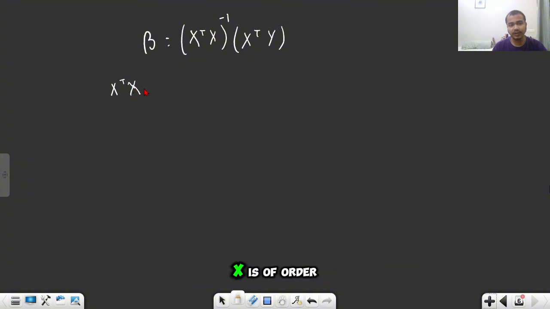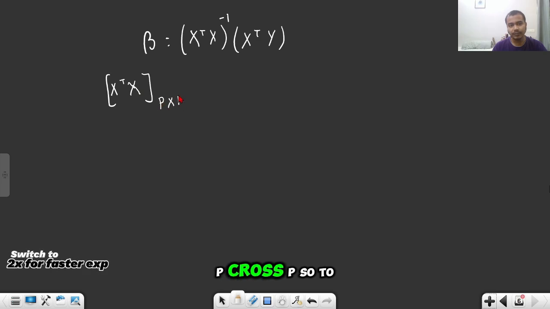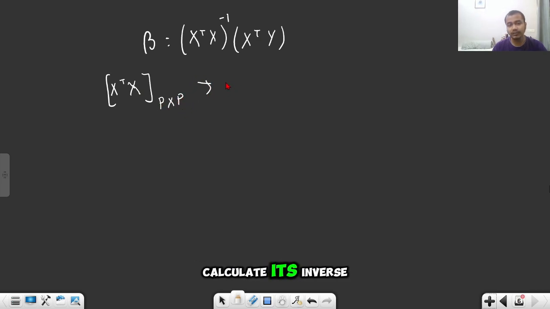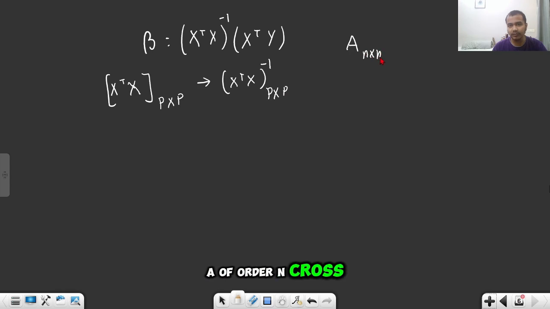X transpose X is of order p cross p, so its inverse will also be p cross p. But we know that to calculate the inverse of a matrix of order n cross n, we need n cube operations. So here we will require p cube operations.